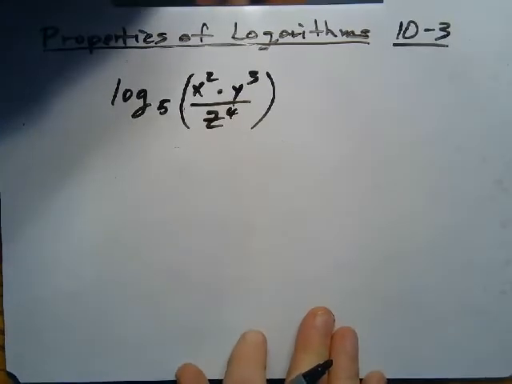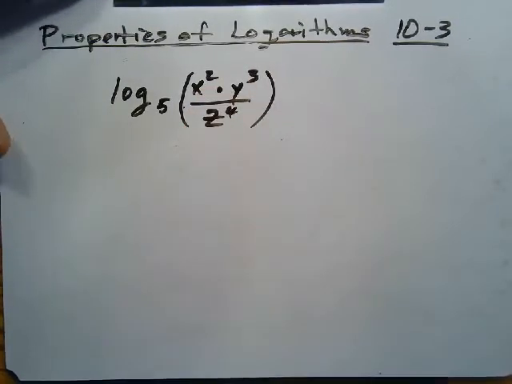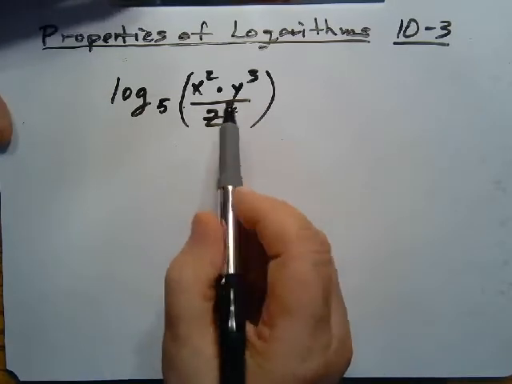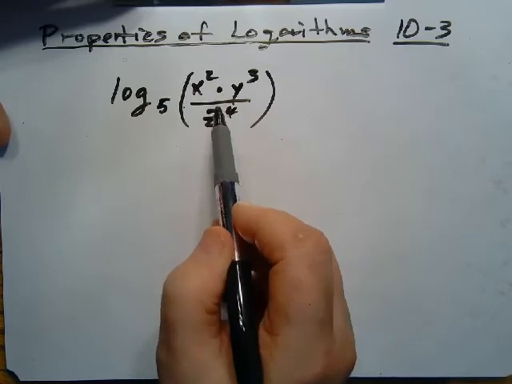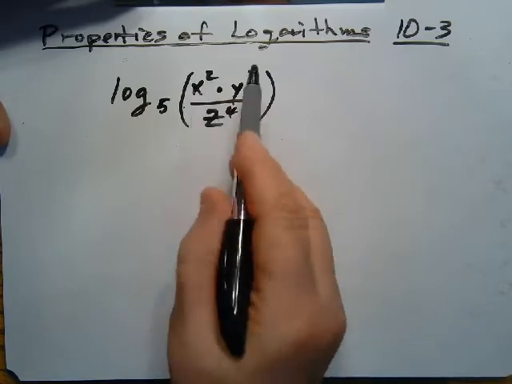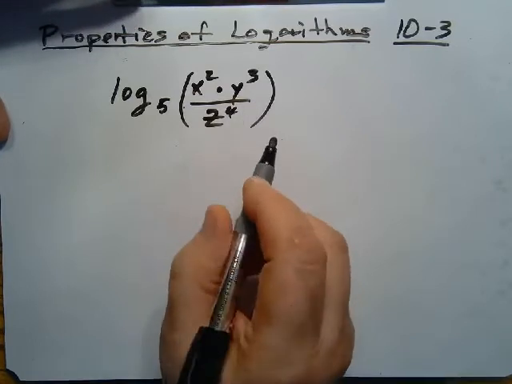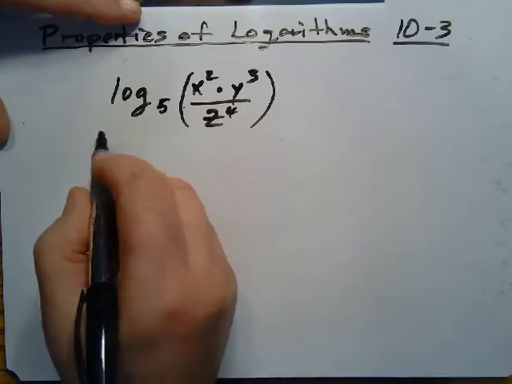All right, let's take a look at this one, and we're going to apply all 3 properties here. I don't need that dot in the middle, but I just stuck it there for now. Now, I've got a product on the top, I've got a division problem here, and I've got powers as well. First thing I'm going to do, I'm going to do this in 2 stages, although in the future you can probably do it all at once. We'll do some all at once.